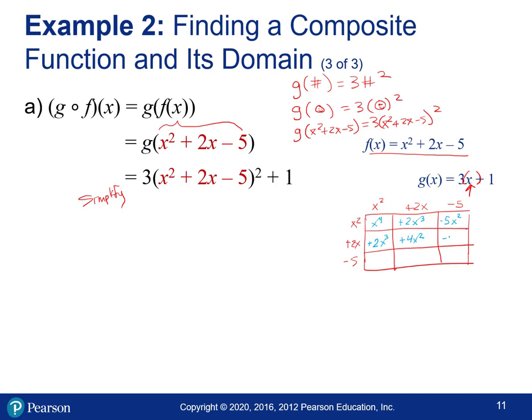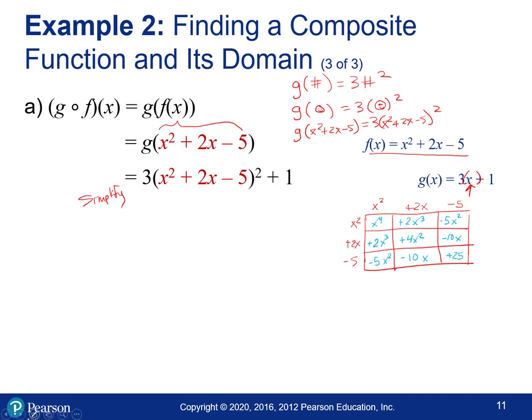And then 2x times negative 5, so negative 10x. And then we'll do our last row. Okay, x squared times negative 5, 2x times negative 5, and negative 5 times itself.